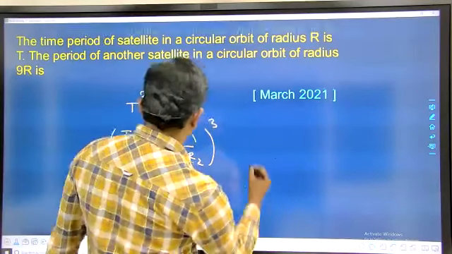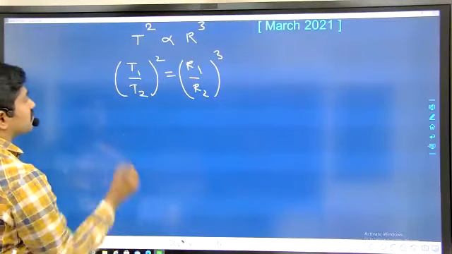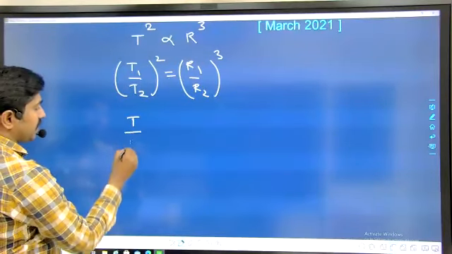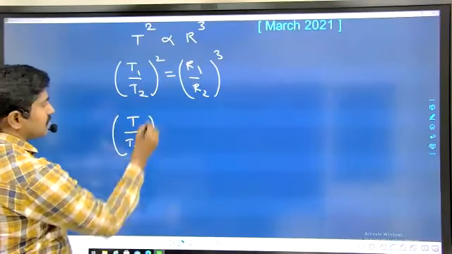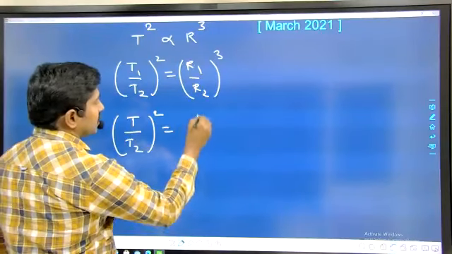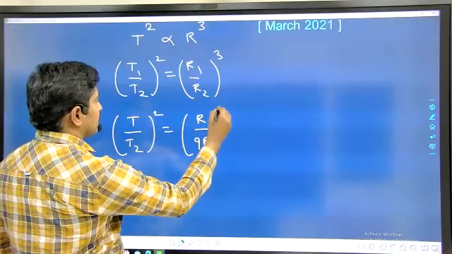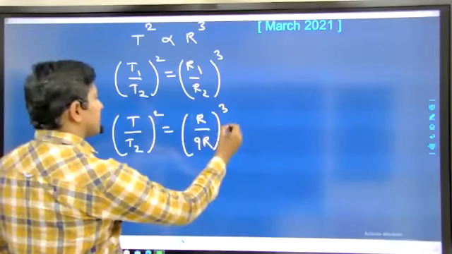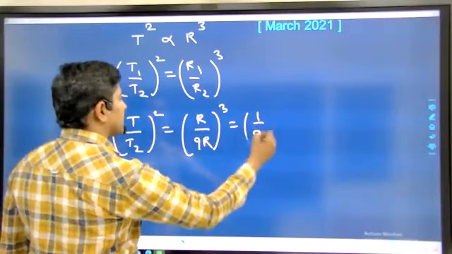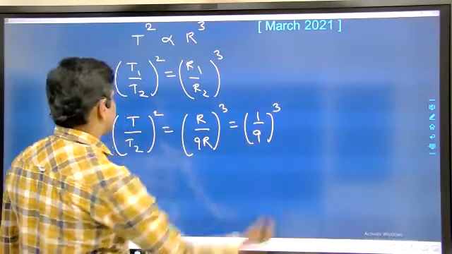So time period is T given initially, T2 you have to calculate, whole square is equal to r1 by r2, that means r by 9r whole cube. r and r will get cancelled. This will be 1 by 9 whole cube.